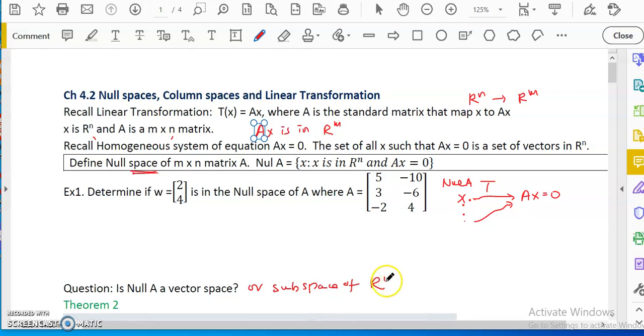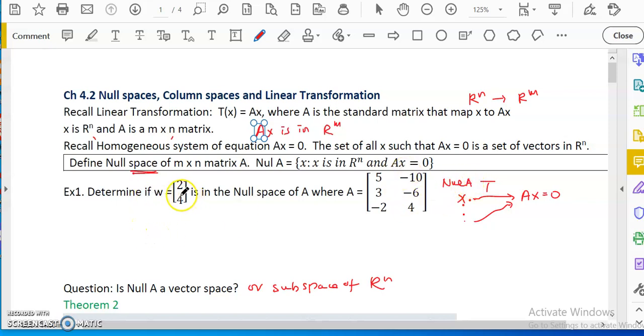So first, the thing that we want to talk about is, if I have this A matrix, is (2, 4) in the null space of A? Notice 2 and 4 are the weights. So 2 times this column plus 4 times this column should equal 0. Is this true?